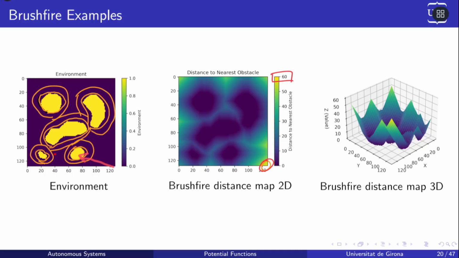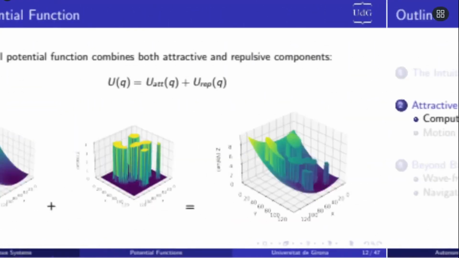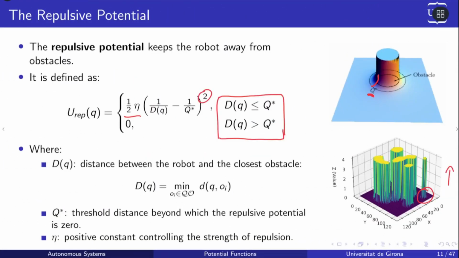Then, why are we going to use that? If you remember from the equation to compute the repulsion, whenever we need to compute this capital D, now it's super simple. If we have pre-computed the Brushfire algorithm on top of the environment, I only need to go to the configuration and see the value of this particular configuration. The output of the Brushfire algorithm will allow me to compute this D super fast.